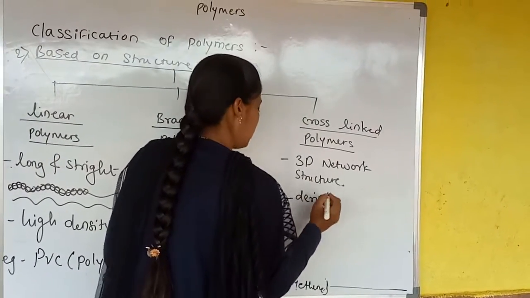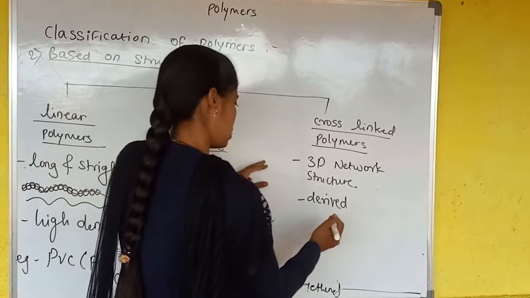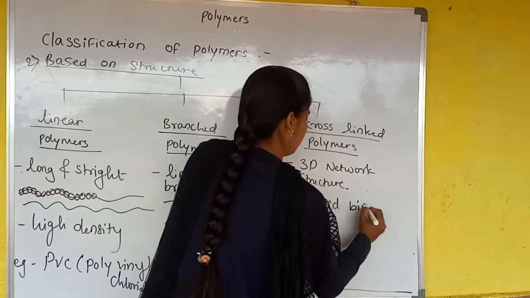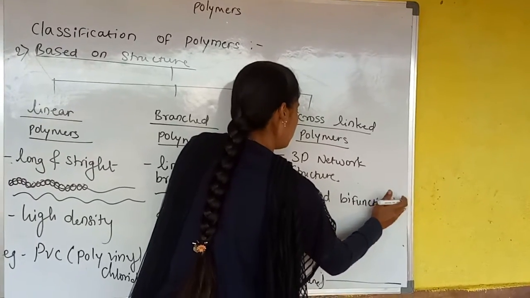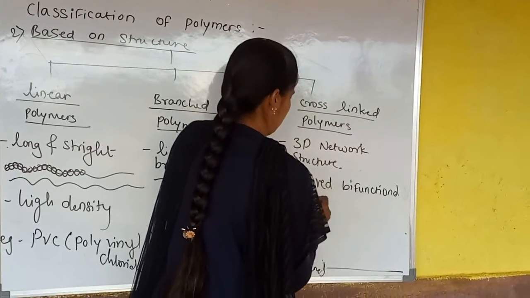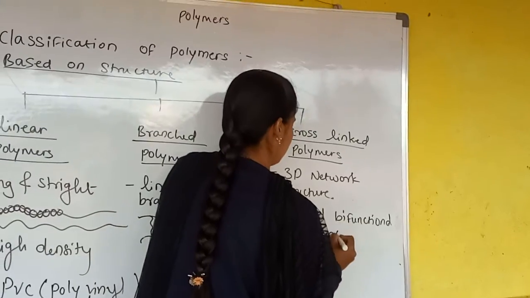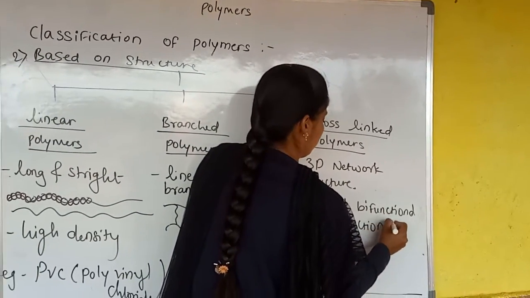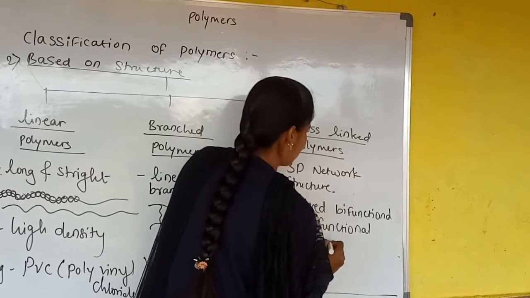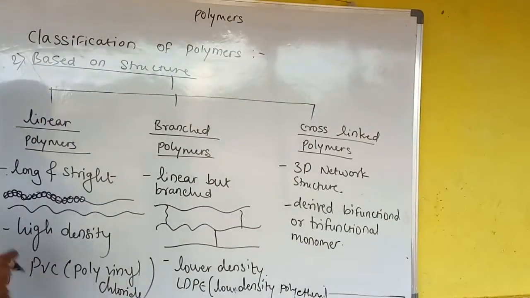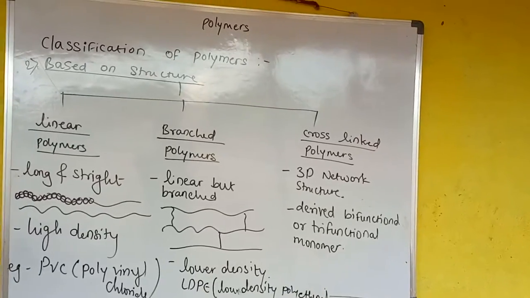Means they are obtained from bifunctional or trifunctional monomers. Means that polymers contain either 2 or 3 functional groups.